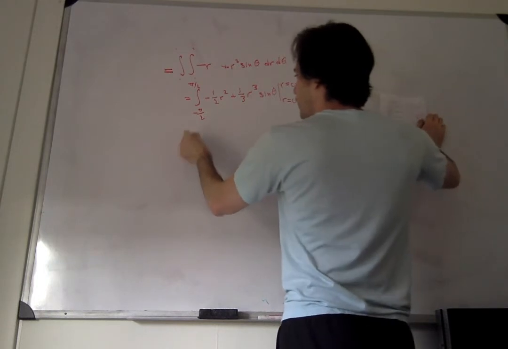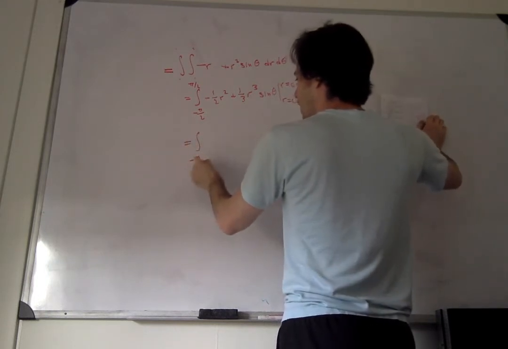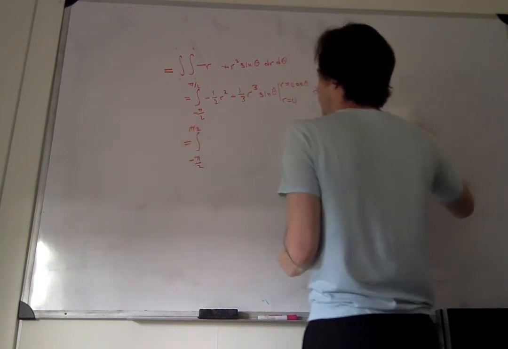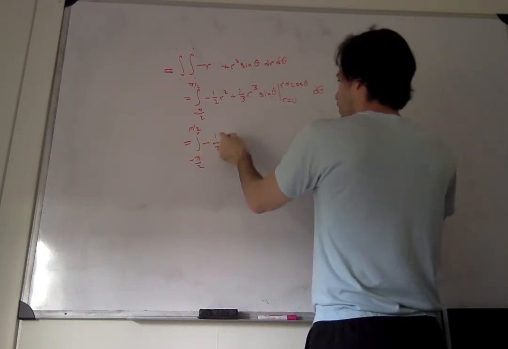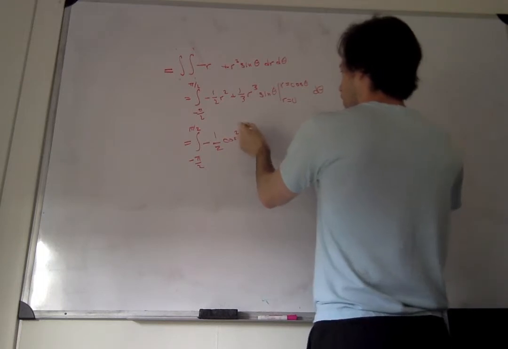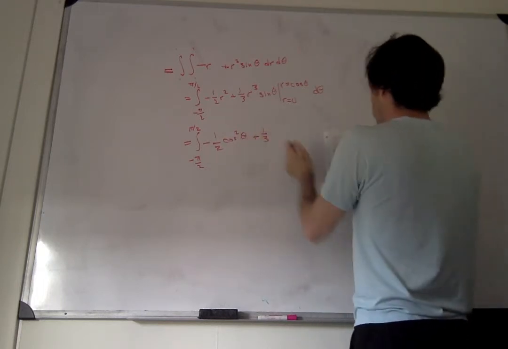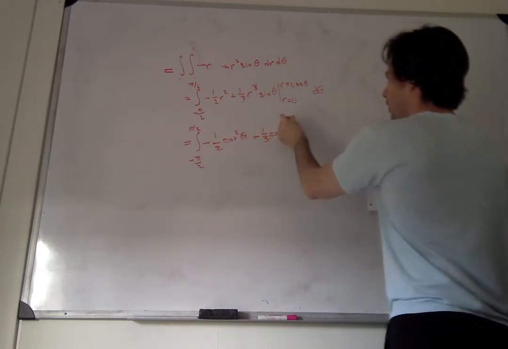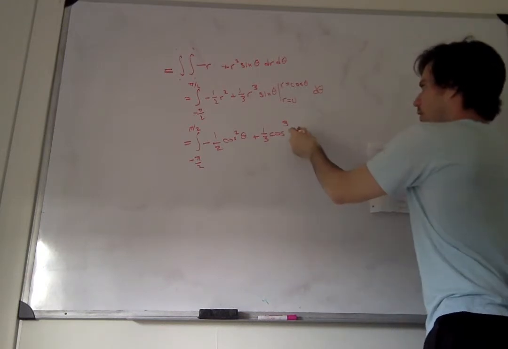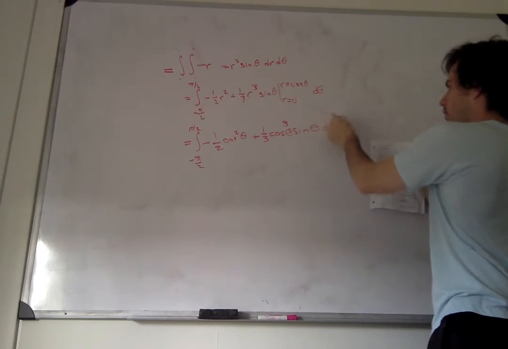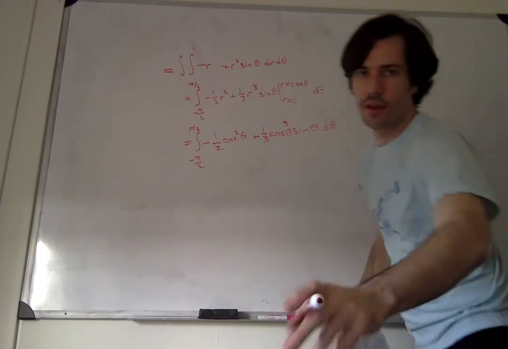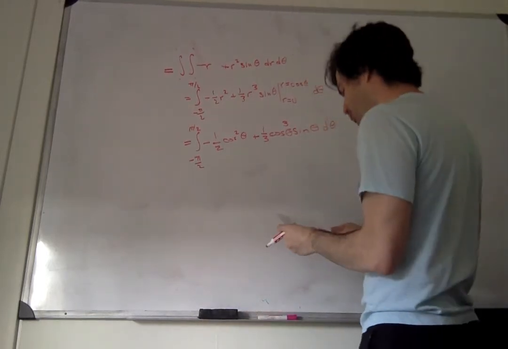Okay, now I'm going to plug in that value for r, so I should get minus 1/2 cosine squared theta plus 1/3 cosine cubed theta sine theta d theta. Okay, so pretty much done.